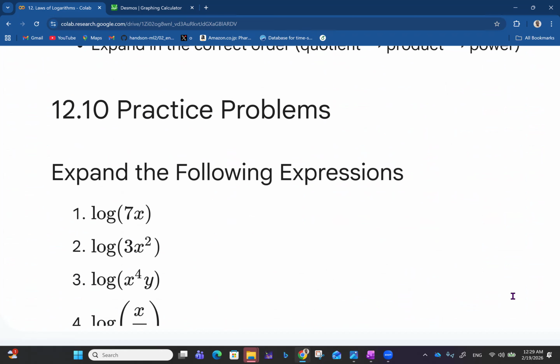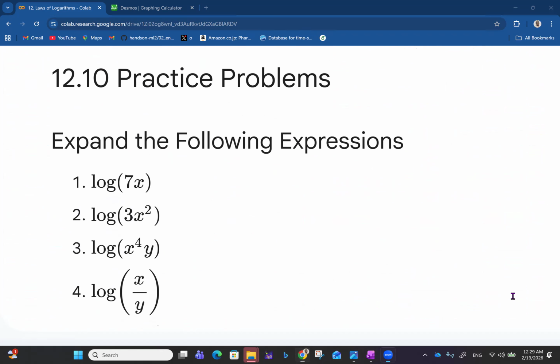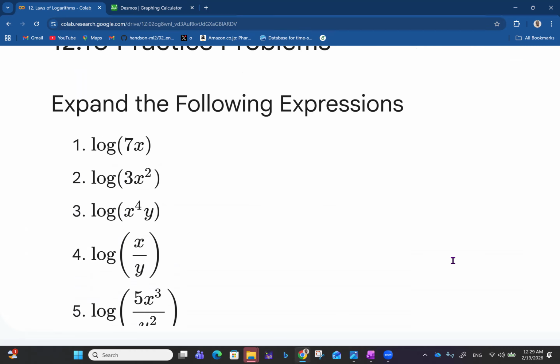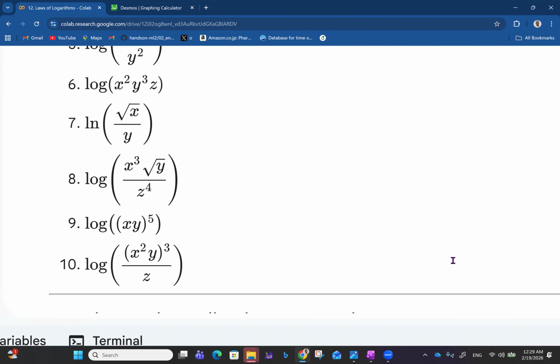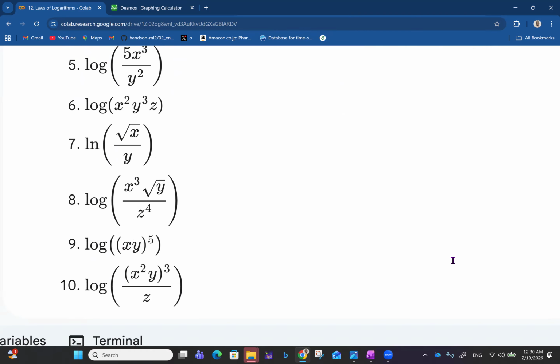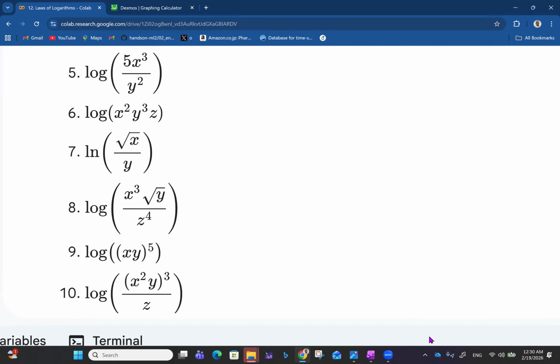Okay, so I'll take a couple of questions, maybe one or two from the practice section so that we can drive on the point. Let me take anyone that might look really problematic. I think I want to take question 8: log of x cubed root y z to the 4. What we are told to do there is to expand the following expressions.